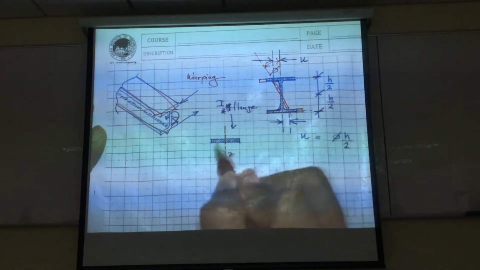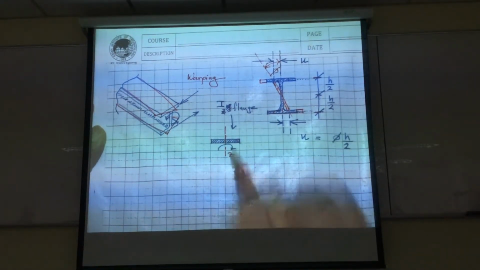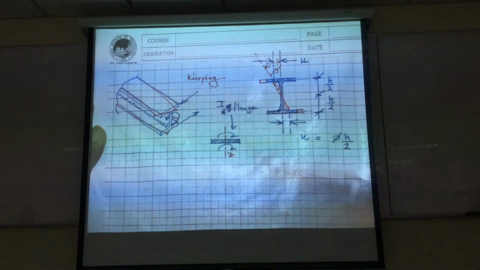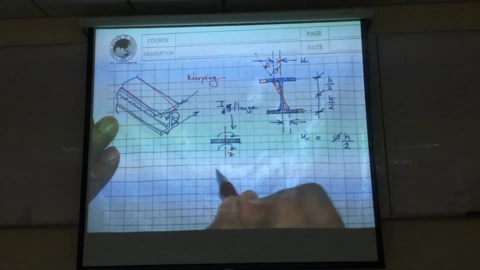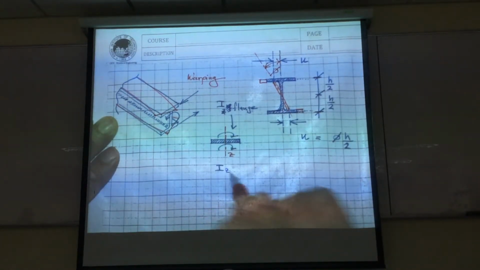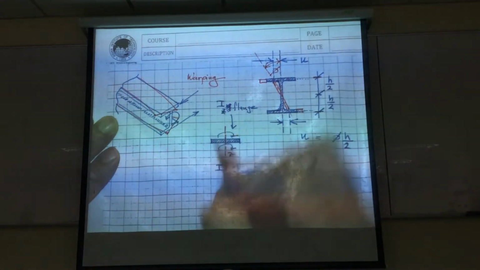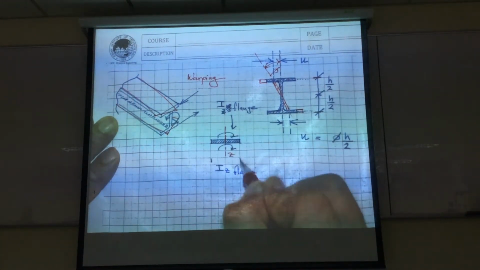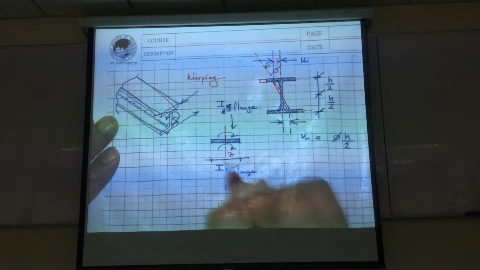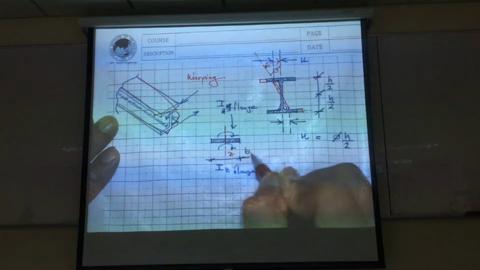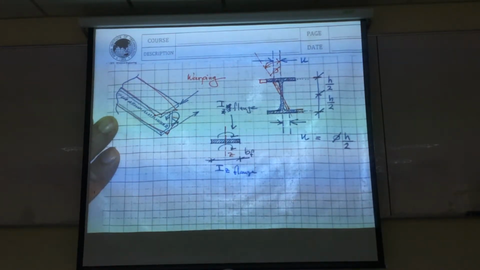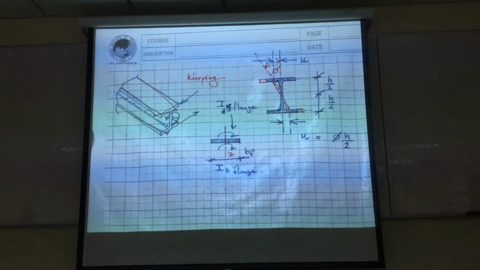So we are talking about the bending about this C-axis. So what is it precisely? IC flange. If you have this as a flange width being the B subscript F, not boyfriend, okay? B is the width.